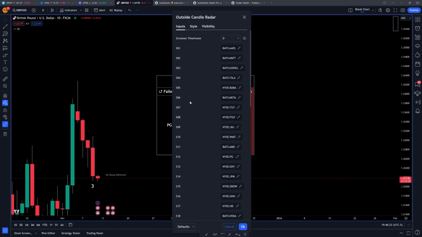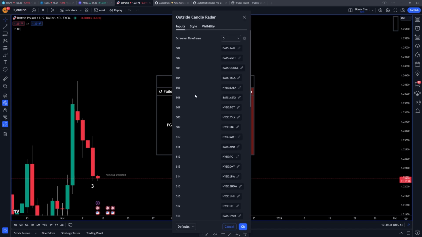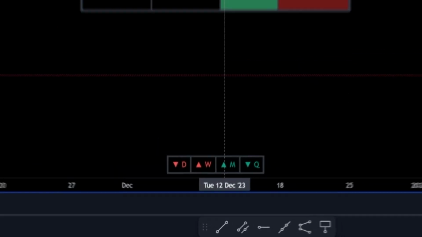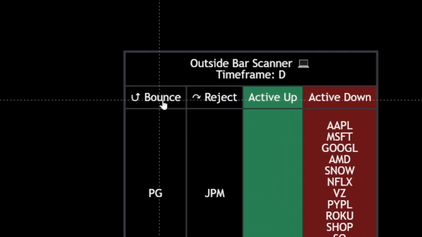I can actually change the language, because what it says here is failed 2 down and failed 2 up. We can discuss exactly what that means another time. But let's turn it into simple language instead of advanced language. I'm going to turn this toggle on. What's that going to do for us? It's going to tell us the things that bounced or rejected.